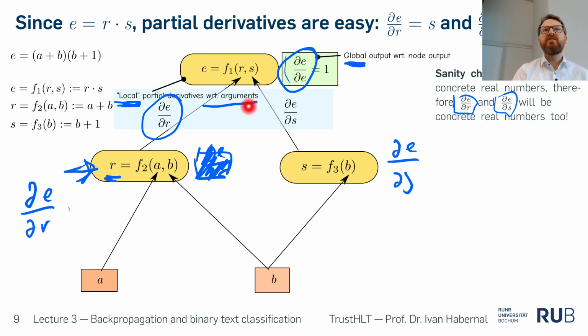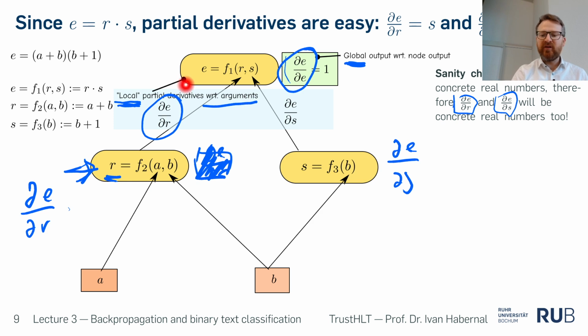You have composite functions, you take the derivative of the outer function at the value of the inner function times the derivative of the inner function. So you're multiplying two partial derivative terms. Okay, so this will be revealed later on.